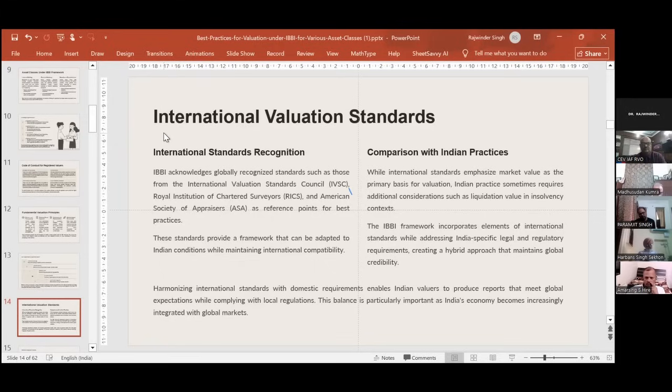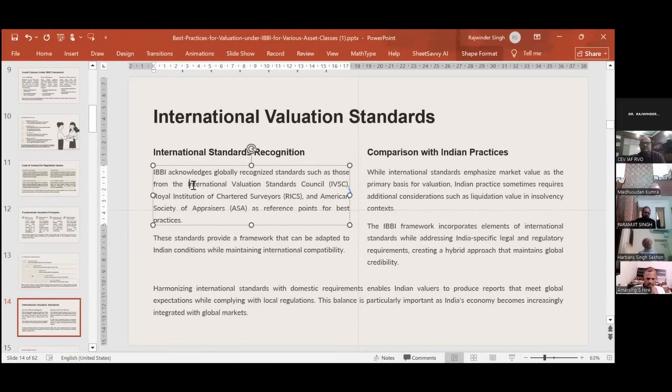So as far as international valuations are concerned, IBBI acknowledges globally recognized standards such as those from the International Valuation Standards Council. So these are the standards which are recognized by IBBI, that is IVSC standards.